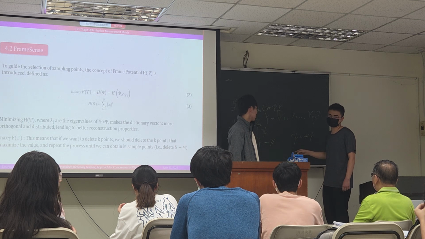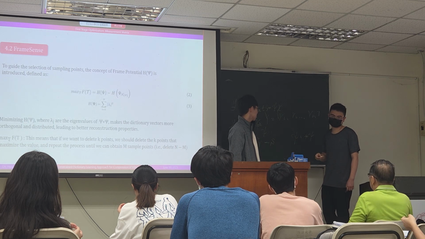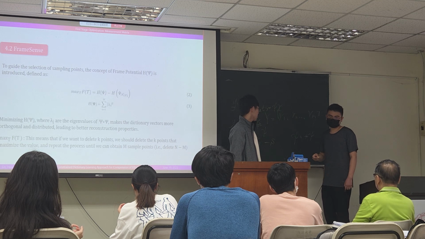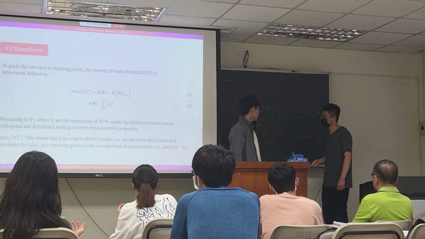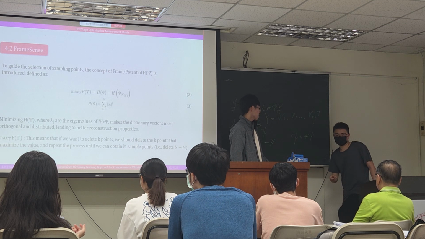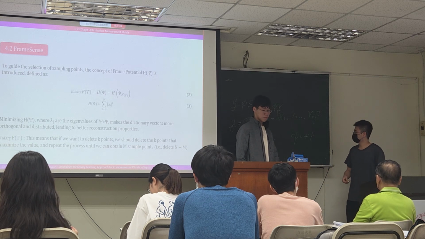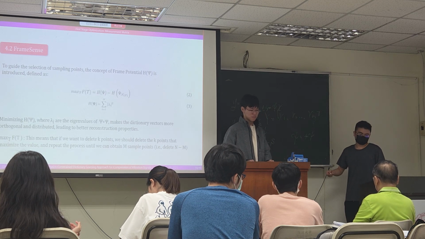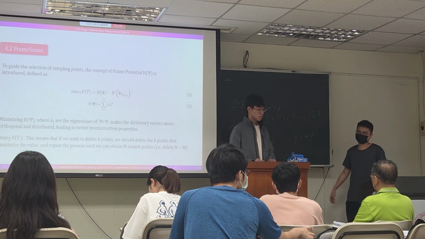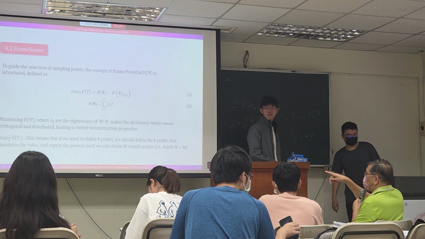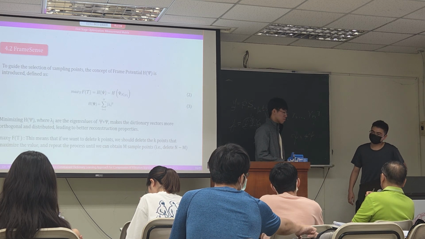Actually, I don't know why. You have to try to clarify that, because you are using that as a very important one. I think you are talking about the singular value.